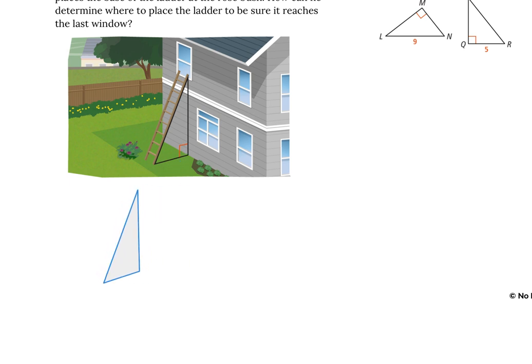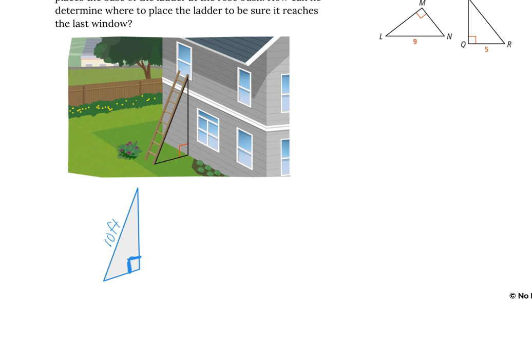All right, so we've got our right triangle. I'm going to label this. They told us that his ladder is 10 foot. Okay, and this is a right angle, even though the triangle doesn't look that way. It's meeting up with the house. The house is creating a perpendicular with the ground, so that would be 90 degrees, even though the triangle doesn't look that way.